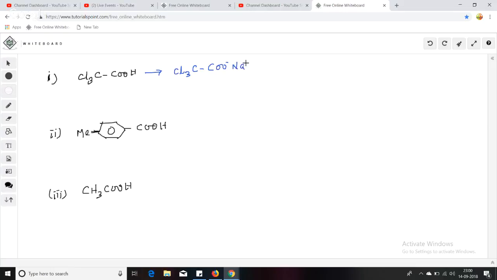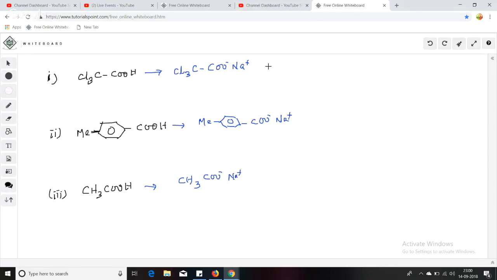Here also the sodium salt, methyl benzene COO minus Na plus, or CH3COO minus Na plus.